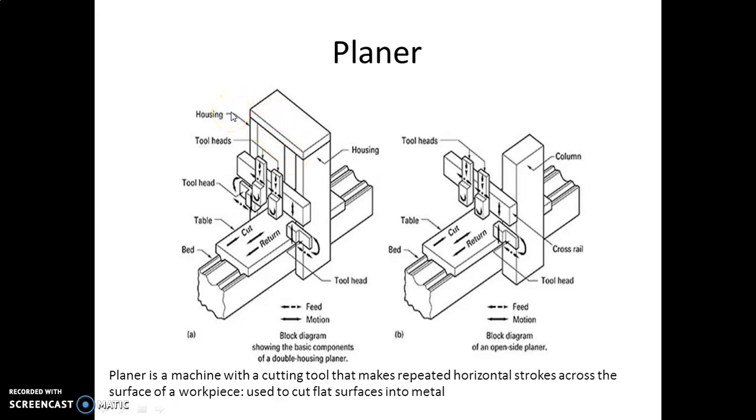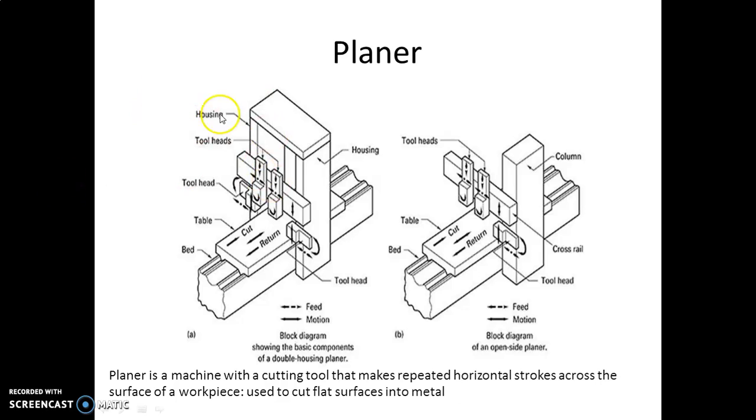At the sides of the bed, two vertical housing columns or uprights are arranged. The front face of each column is machined as a set of ways on which travels the cross rail, which carries two tool heads. Most of these planers also carry two side tool heads, one on each housing.